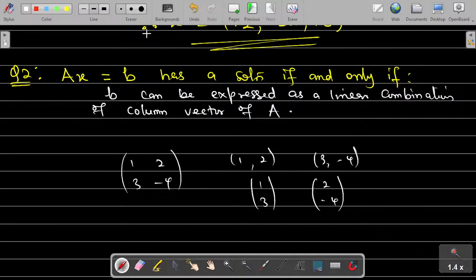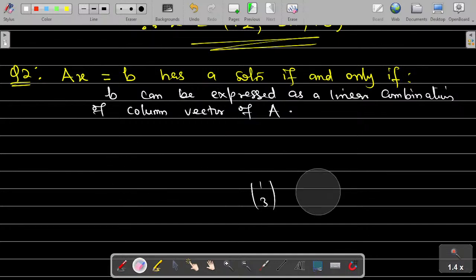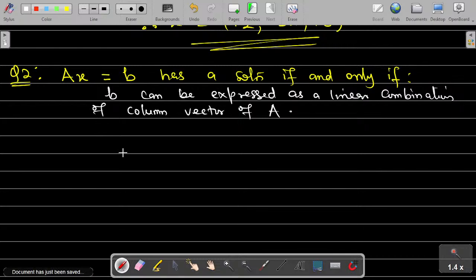So we are saying that if you have a matrix A multiplying a vector x, Ax can only have a solution if your b is expressible as a linear combination of the column vectors of A. Sorry about that mix up.